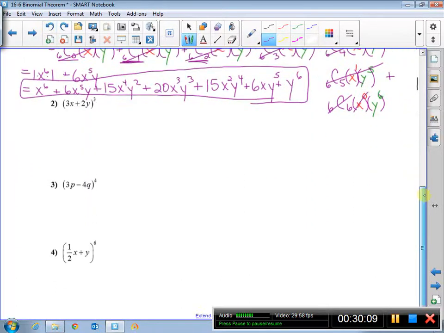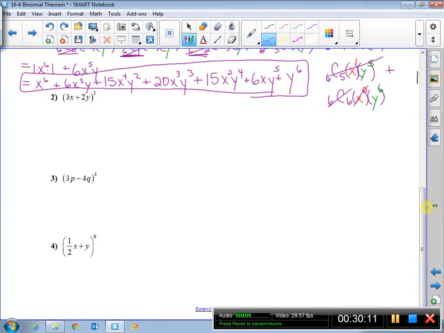Now they get a little tougher, so I'm going to do 1 or 2 more here. I know I'm already at 30 minutes, but this is a big important lesson, so I don't feel bad. But good news, this is an n value of 3. With an n value of 3, how many terms will I have? As a clue, look at the one above it.